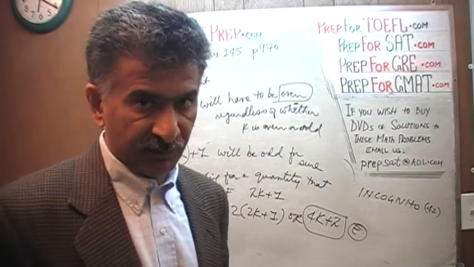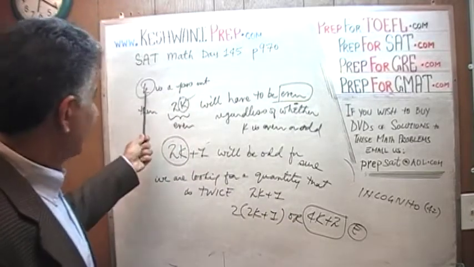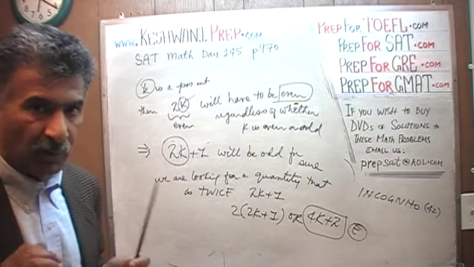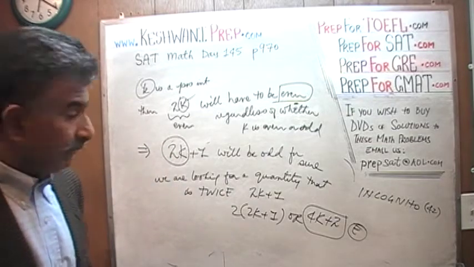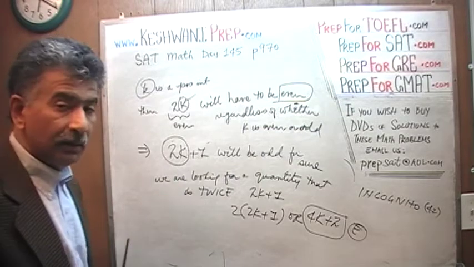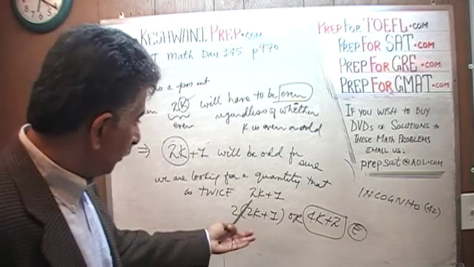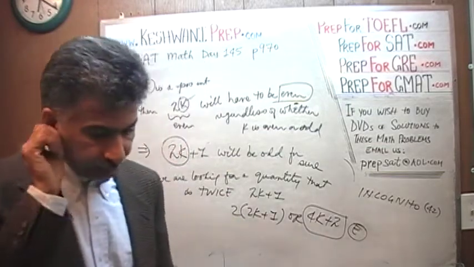If k is an integer, then 2 times k would have to be even, regardless of whether k is even or odd. But if 2 times k is even, then 2 times k plus 1 will have to be odd. And we are looking for twice that quantity. Twice that quantity is just 4k plus 2. That's it. We are done.